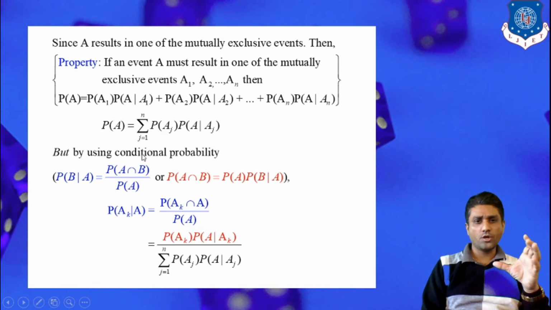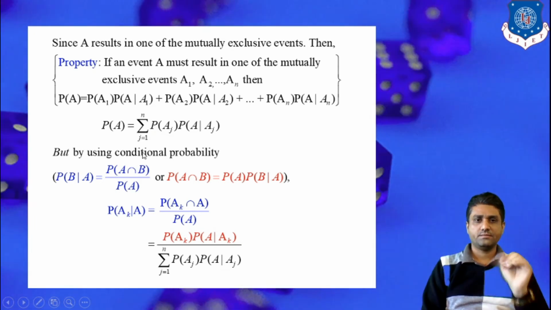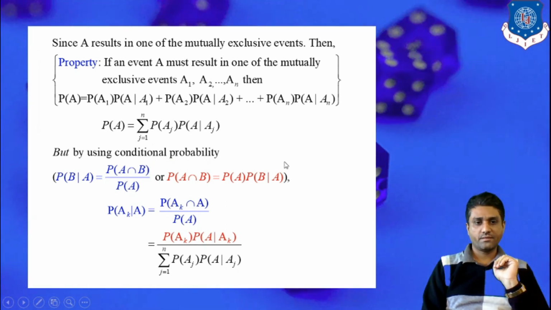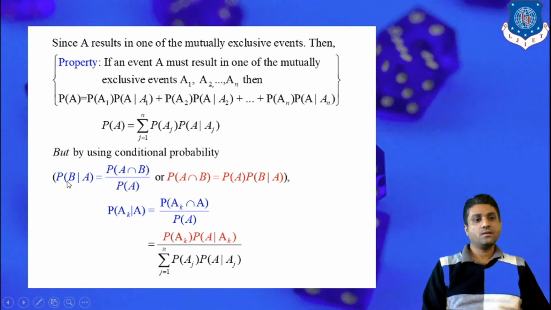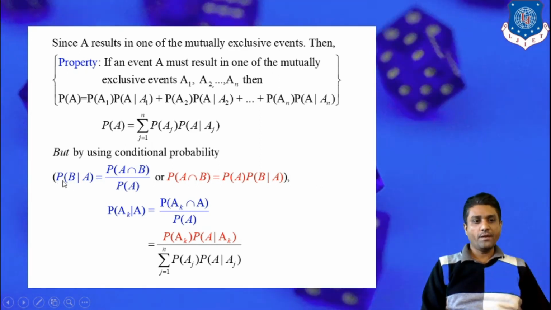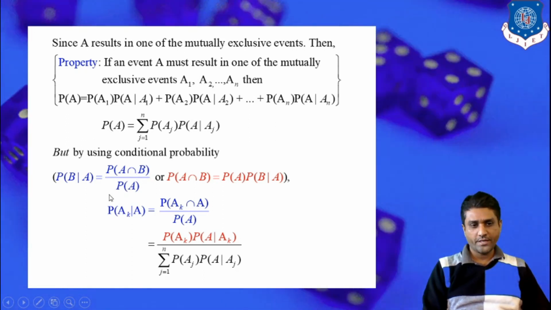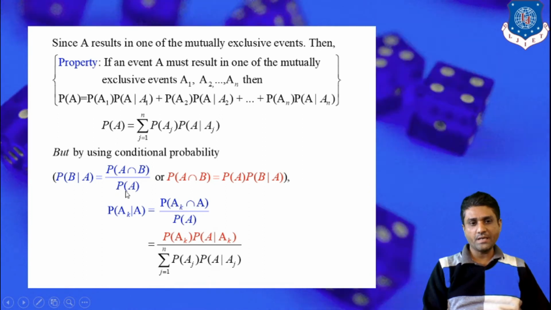Then we have to use the simple definition of conditional probability. The conditional probability tells that probability of B given A is probability of A intersection B upon probability of A, where whatever event is already finished is in the denominator.